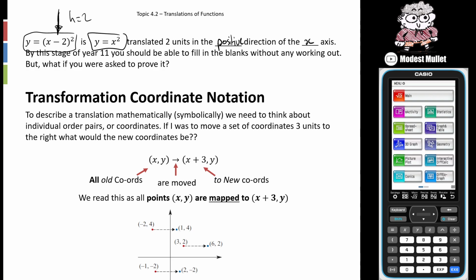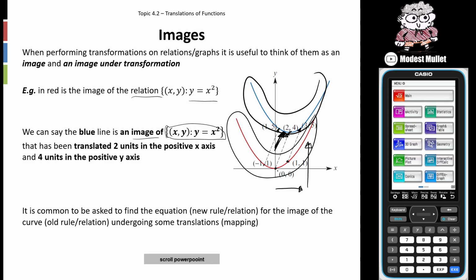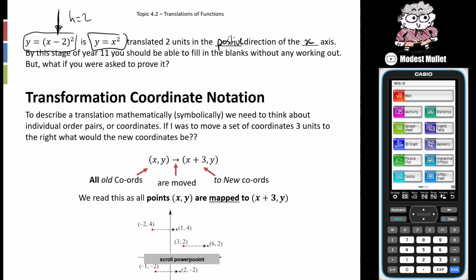But to describe a translation mathematically or symbolically, we need to think about individual ordered pairs, or a coordinate, because whatever transformation is being applied to one coordinate on a function is the same that's being applied to the rest of it. So if we can think in terms of a single coordinate or all old coordinates, it's much easier to think that way.